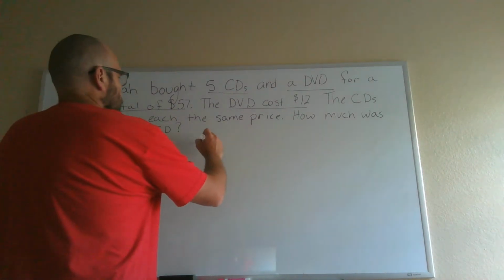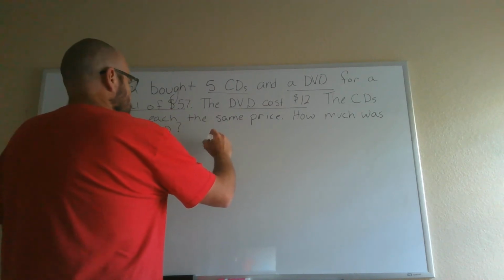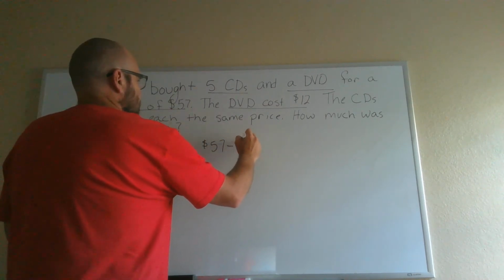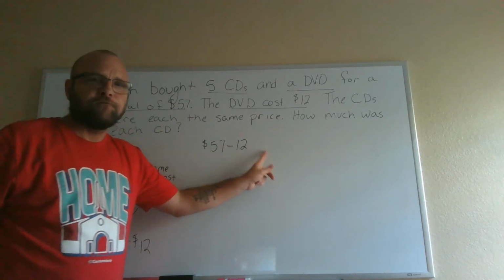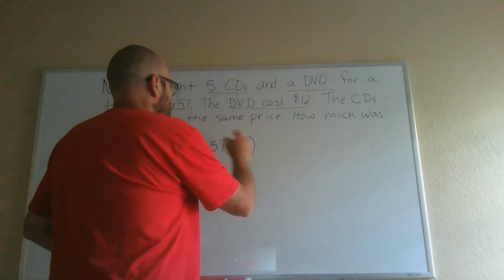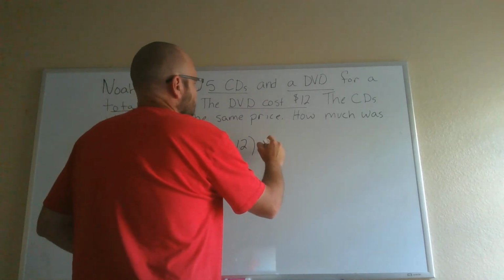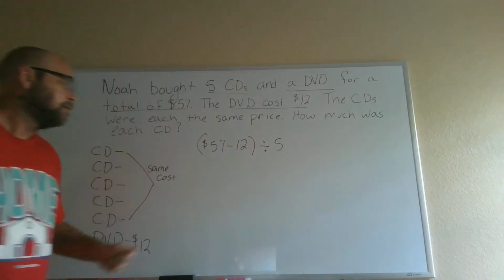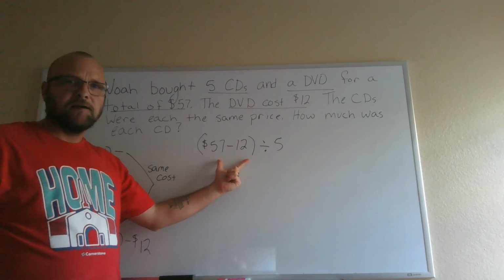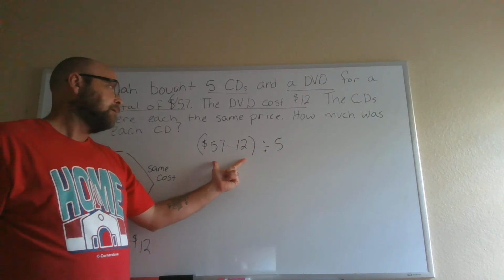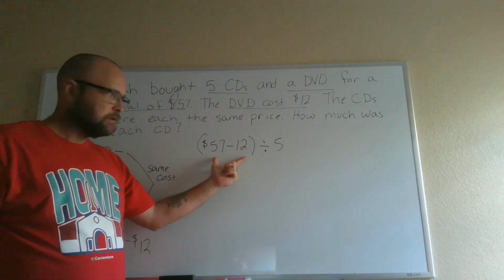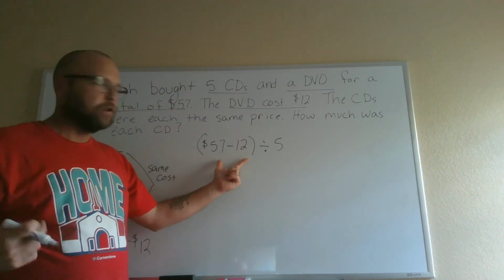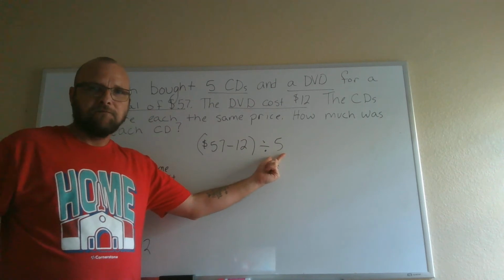So if I start with what he had, which was $57, and I subtract $12, and then whatever my difference is, I'm going to divide that by 5. So first I had to find out how much money's left after they bought the DVD, and then whatever that total is, I divide that by 5.